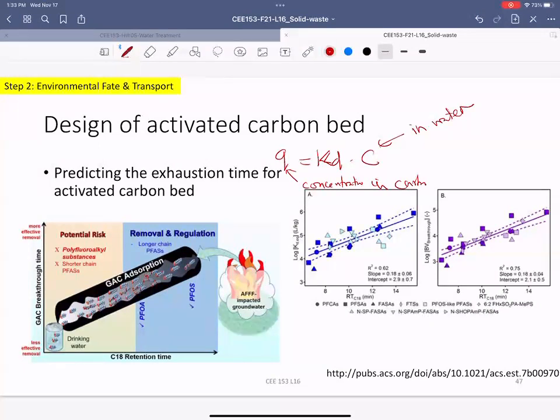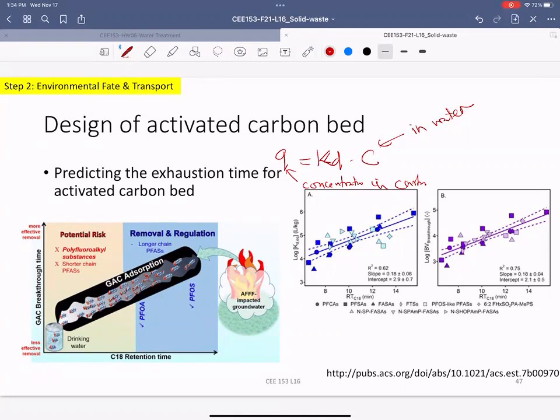Basically, if you mix polluted water with a solid, a certain amount of the pollutant will get into the solid. An amount adsorbed, which is Q, is proportional to the amount of pollutant remaining in the water, C. So that proportionality is KD.